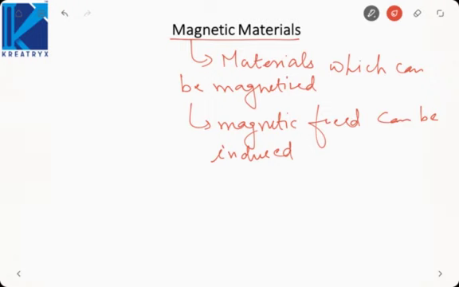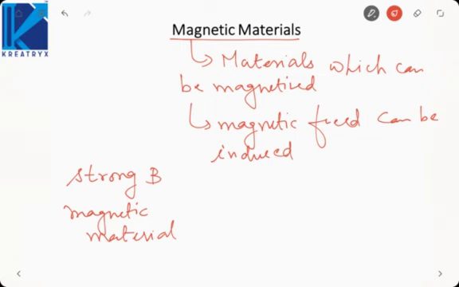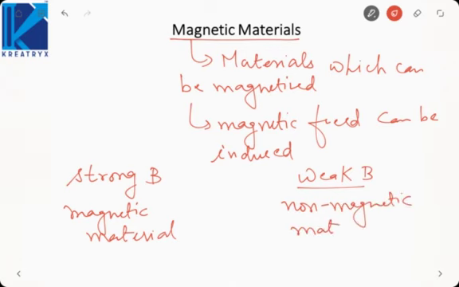If the induced magnetic field is weak, then it is classified as a non-magnetic material.